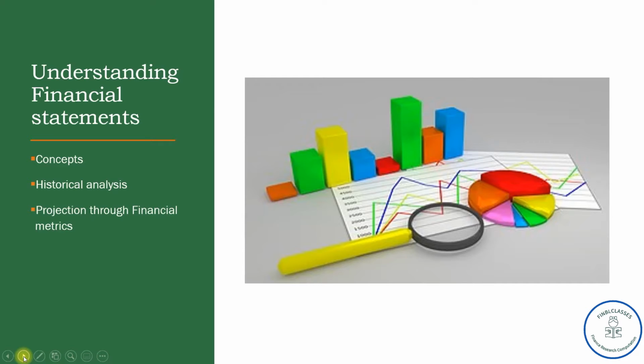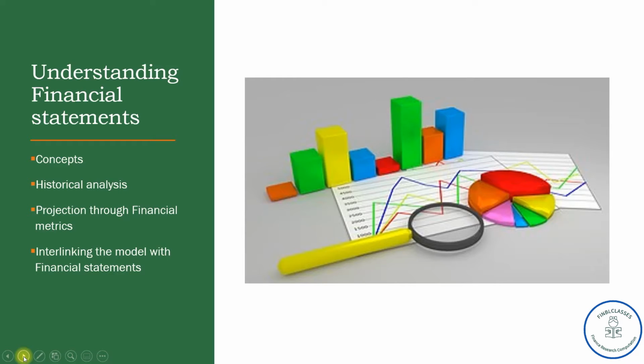Then we have to do some projection through the financial metrics, and we have to interlink the model with the financial statements. Interlinking the model with the financial statements is nothing but checking what will happen if one element goes up and another element goes down.